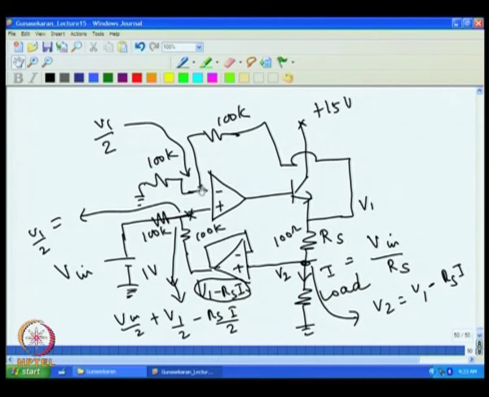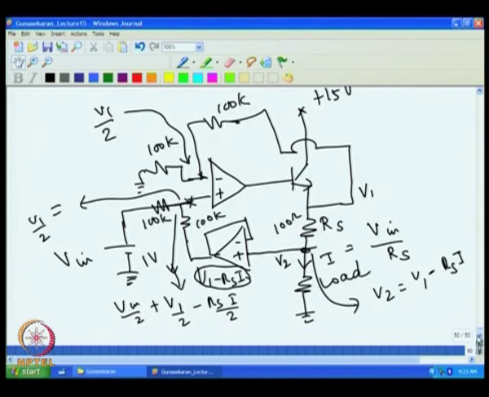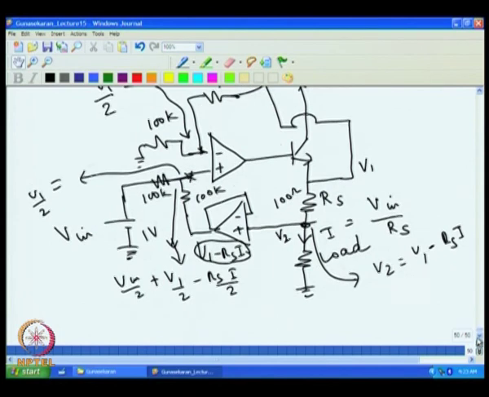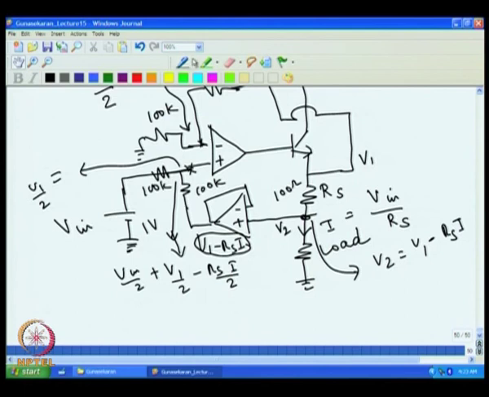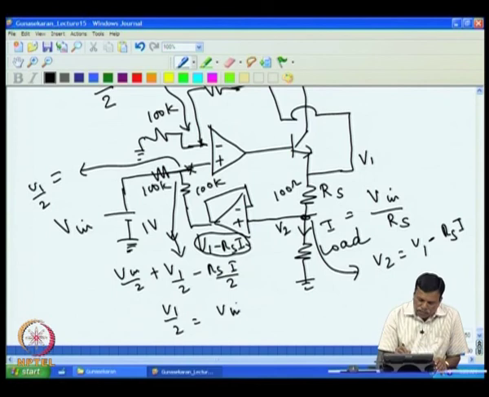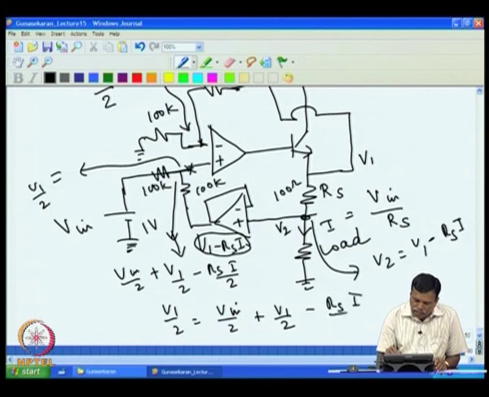So, V1 by 2 must be equal to this. I can equate this and then find out the current, that I equals V in by Rs. Eventually, what we want to show is that V1 by 2 equals V in by 2 plus V1 by 2 minus Rs into I by 2.